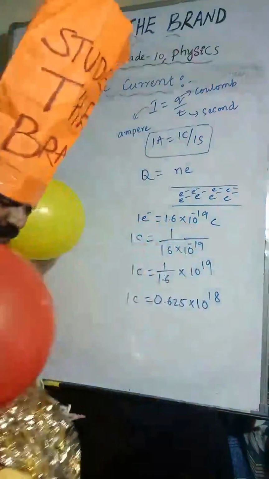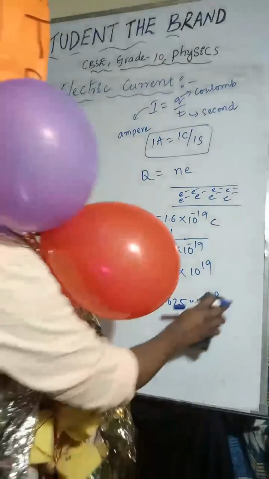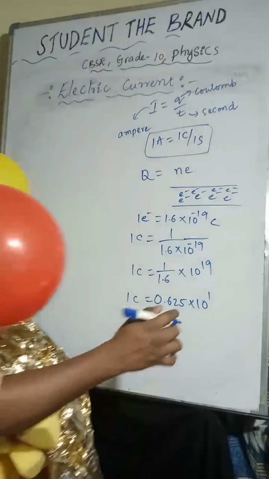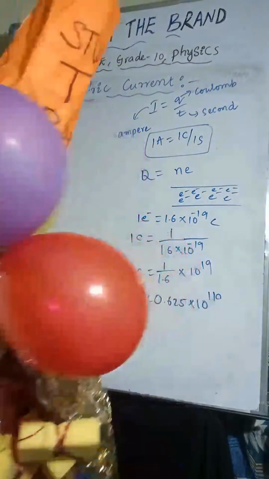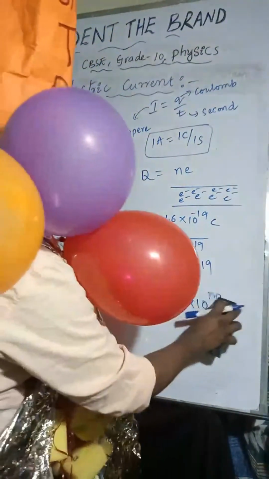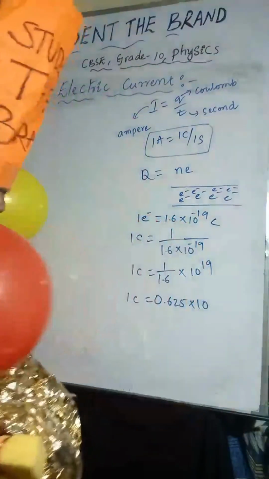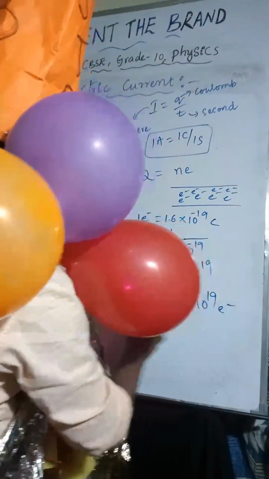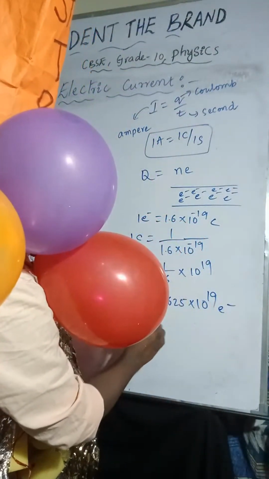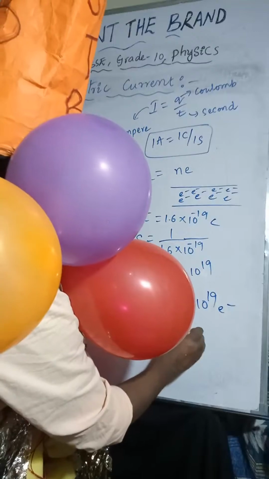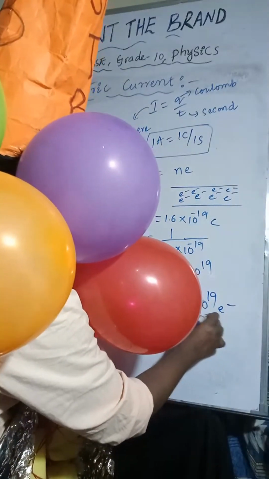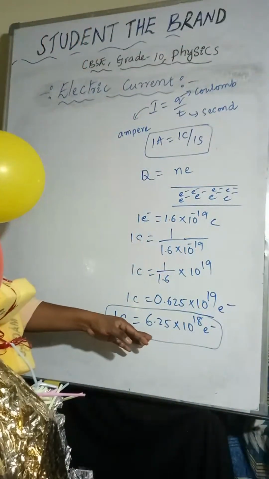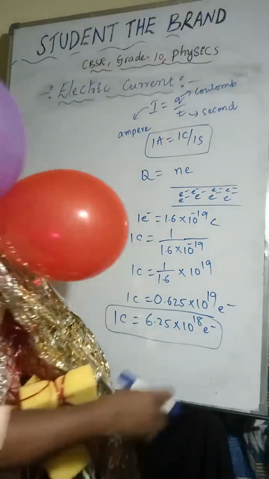So in 1 coulomb, 6.25 into 10 power 18 electrons are present.